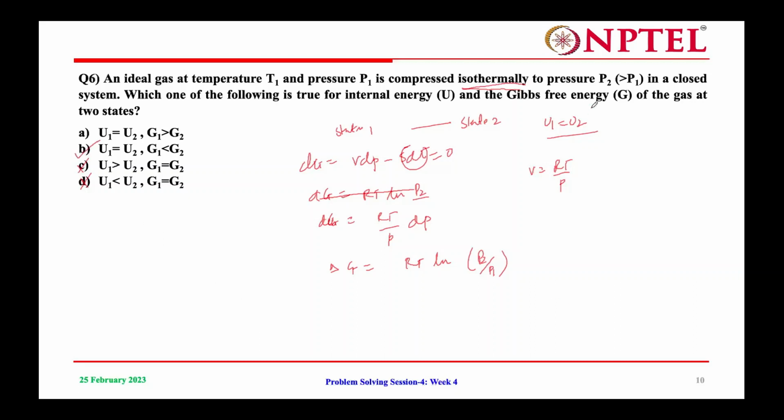So here as I mentioned, P2 is greater than P1, so delta G is positive. So G2 should be greater than G1, right?